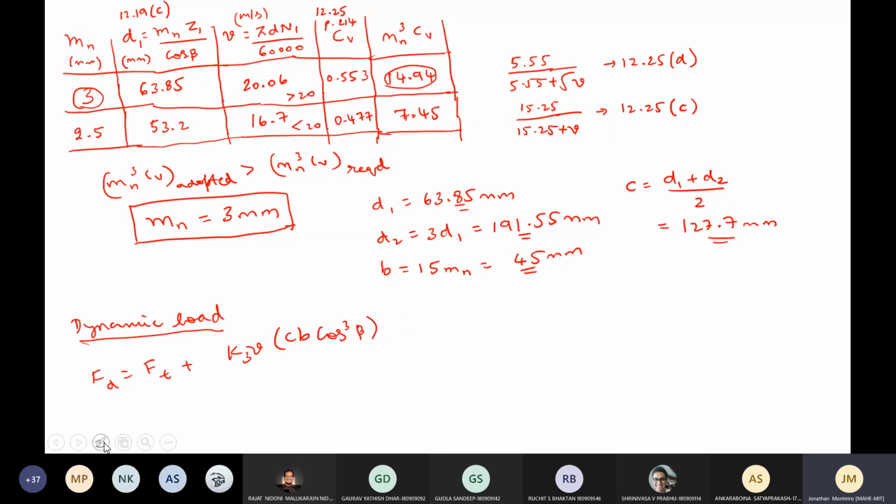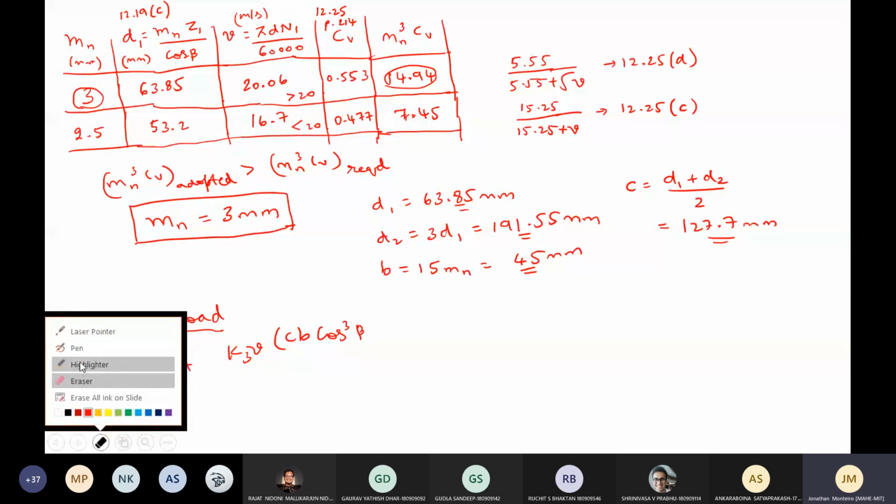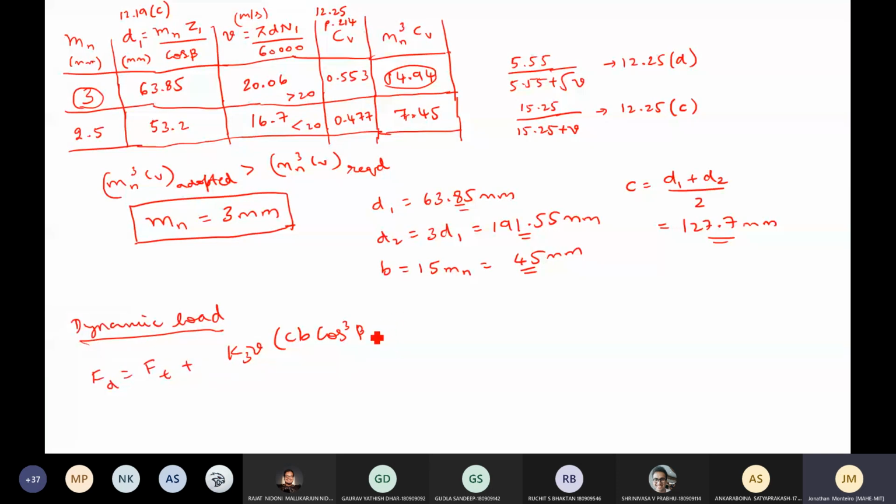Sorry. Plus Ft into cos beta by K3V plus root of Cb cos cube beta plus Ft.